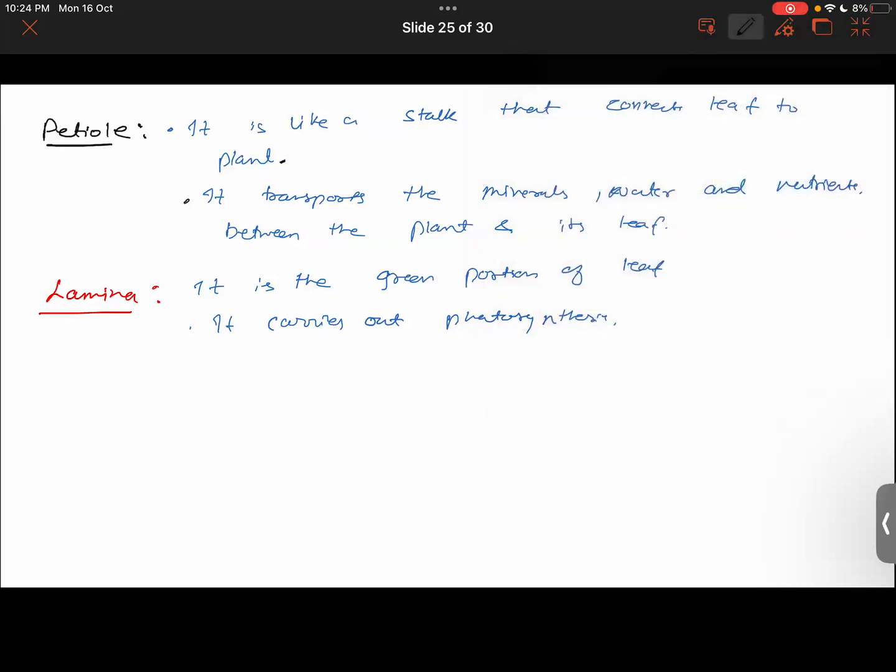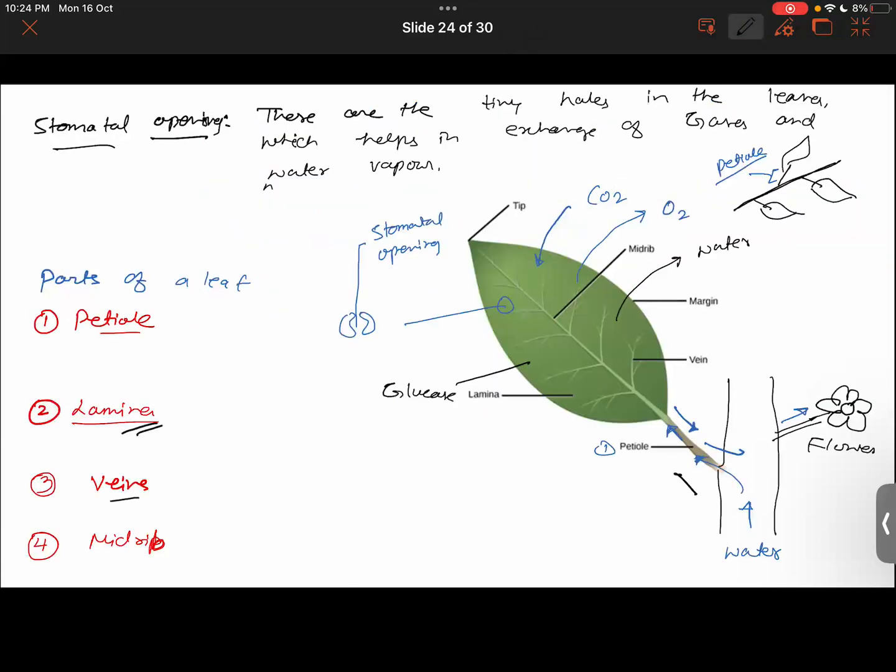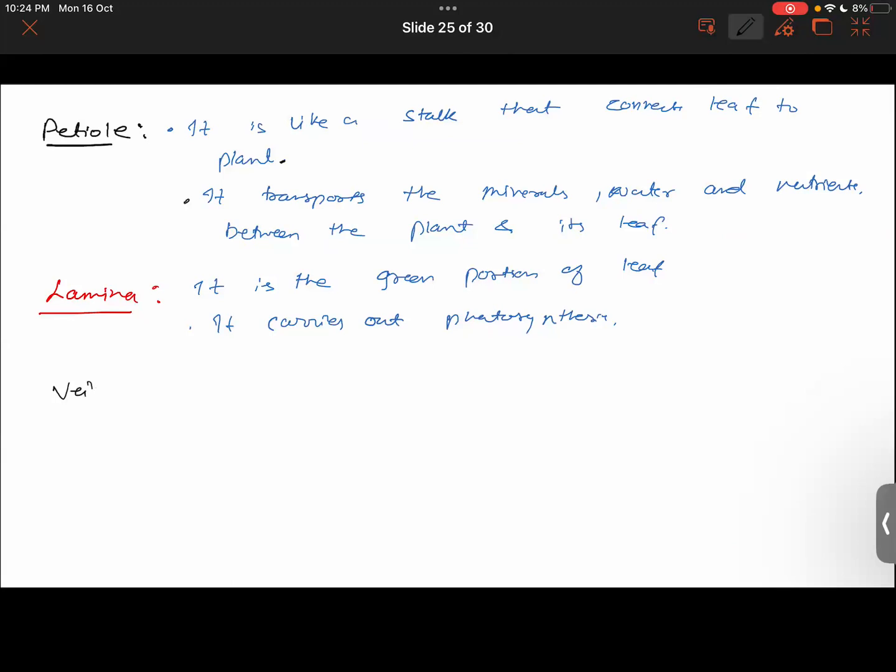Then we had the third part, that is veins. What functions do you think the veins have got to perform? Just holding the leaf? No, no, not just holding the leaf.